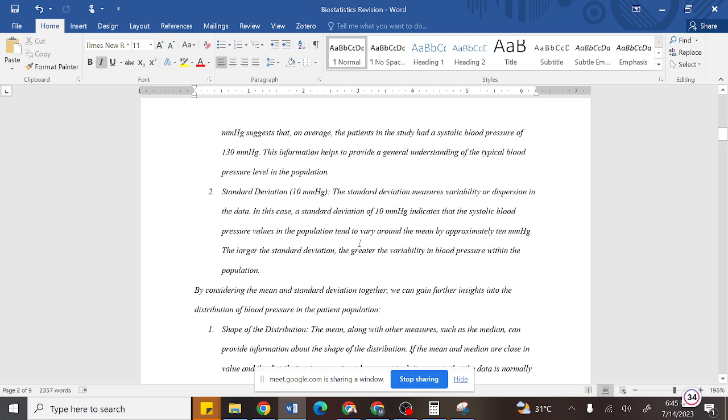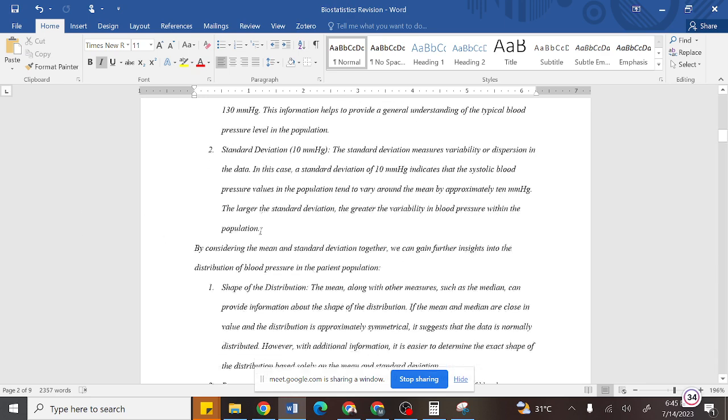This means that the systolic blood pressure values in a population tend to vary. That means that you will not always get similar values, but at least most of them will be either minus or plus 10 millimeters of mercury.